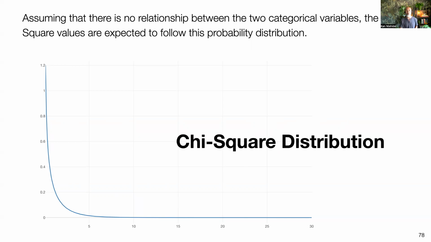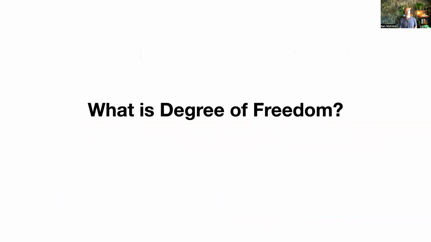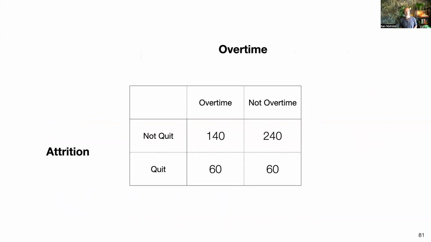This chi-square distribution is a little tricky because the shape of that distribution varies depending on the degree of freedom. The degree of freedom is always a kind of tricky concept, but when we're talking about categorical variables, it's actually simple. What is the degree of freedom? In this case, we have overtime and attrition, right? And both of them have two unique values each.